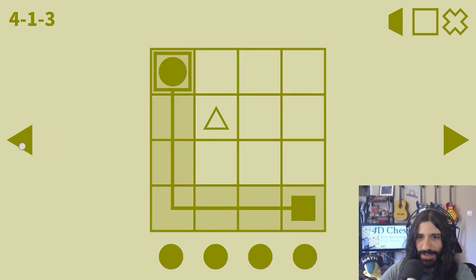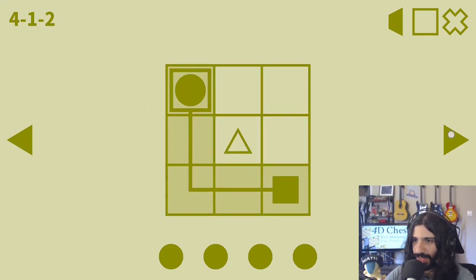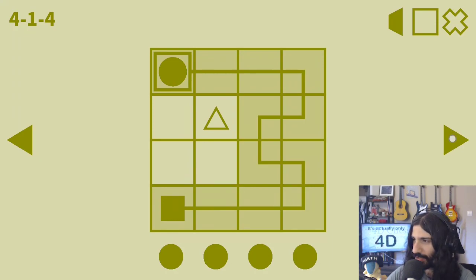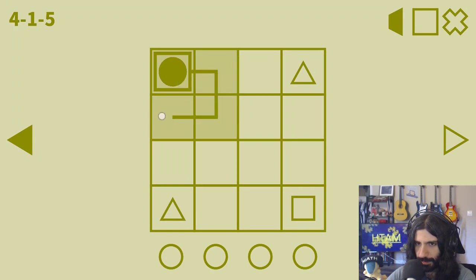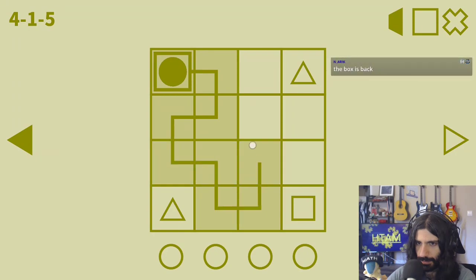All right, okay. So maybe it is leave the triangle in a square. That's probably what it is, right? Okay, so here we can leave... well, hold on. Oops.